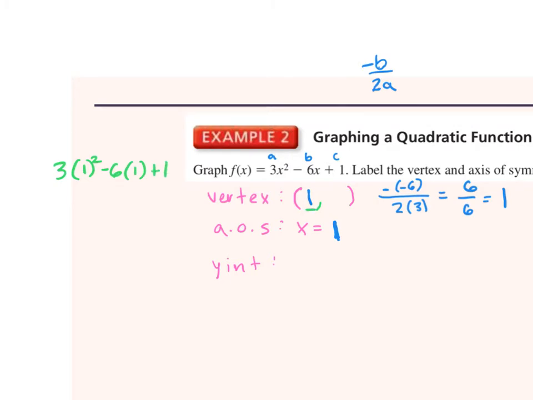So I just took this value and plugged it into all of the x's. So we have 3 minus 6 plus 1. 3 minus 6 is negative 3. Negative 3 plus 1 is negative 2. So our y value is negative 2.